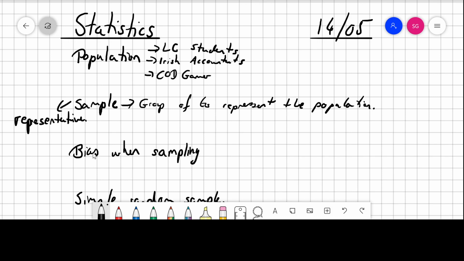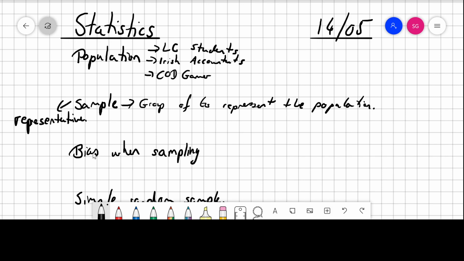Where if I went to a very disadvantaged area, you'd probably get very different beliefs and different politics from two different samples. So when we try to sample a population, we really try as much as we possibly can to make that sample representative of the population.